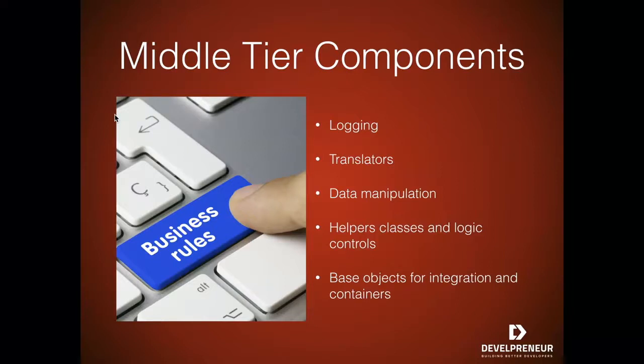And maybe there's some translation or manipulation that you need to do with that. Maybe it's simple things like conversions. So maybe you've got a dollar amount that comes in from the front end, and it turns into a minutes of access amount in the back end, and you've got to do some sort of translation or data manipulation there.